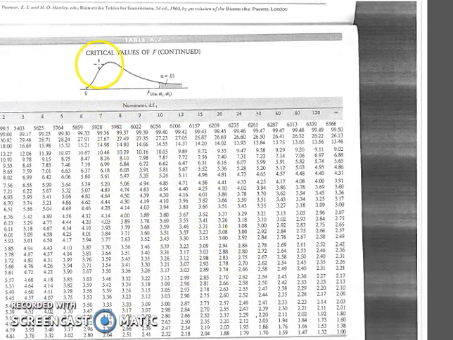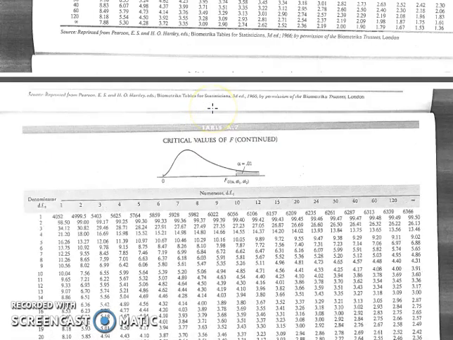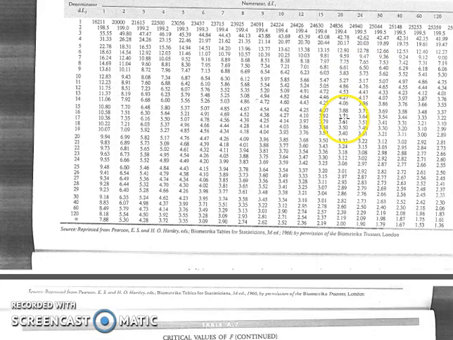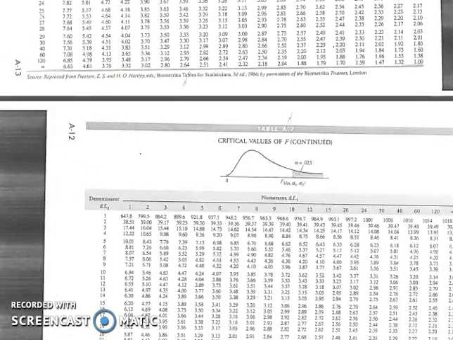We have a couple of F tables, so you have to find the level of confidence or level of significance that you want to use, and use the appropriate F table. The horizontal row above is my numerator, and the vertical row descending is my denominator.